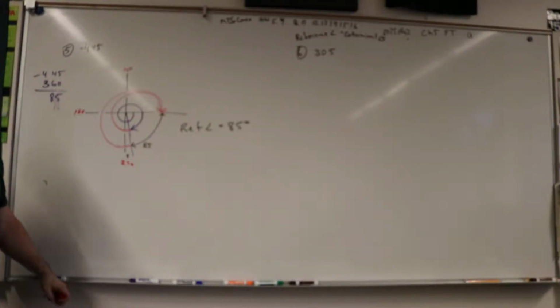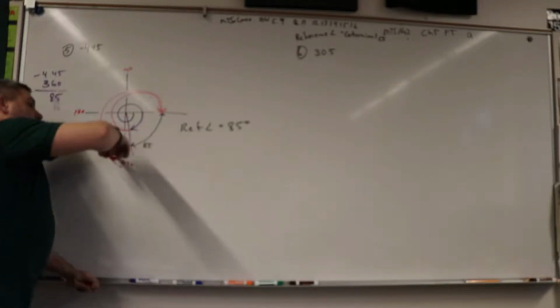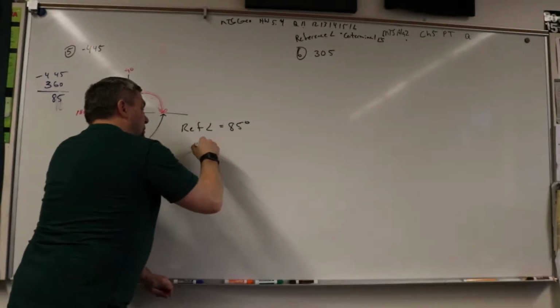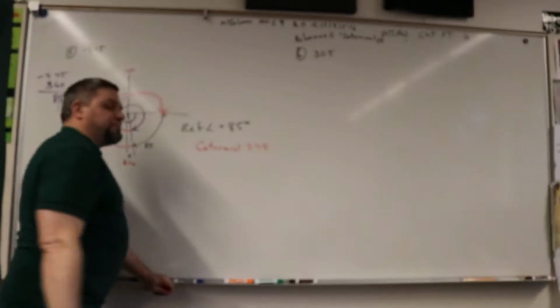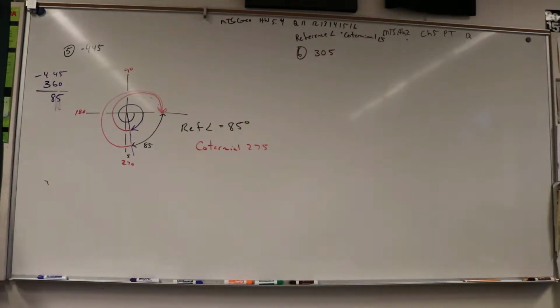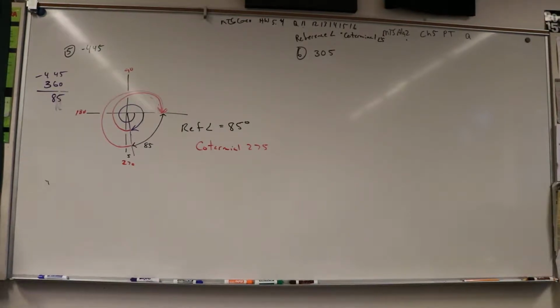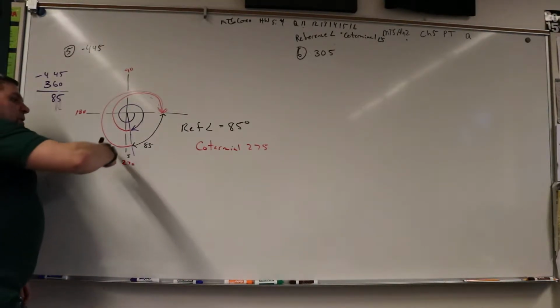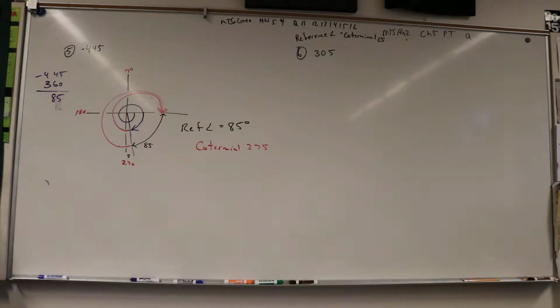So we're at 275. So this coterminal is 275. Okay? The negative coterminal would be 85.